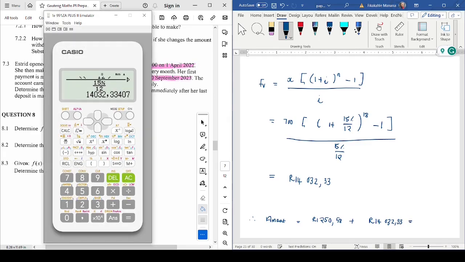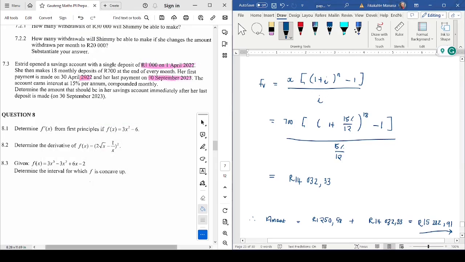So I'm going to then take my answer and I'm going to add it to my saved value over there. And the total then is 15,282. Just write that out nicely. Start again, 15,282 rands and 91 cents. Okay, and that is it. We are done with question 7.